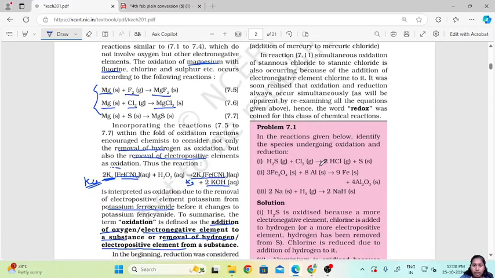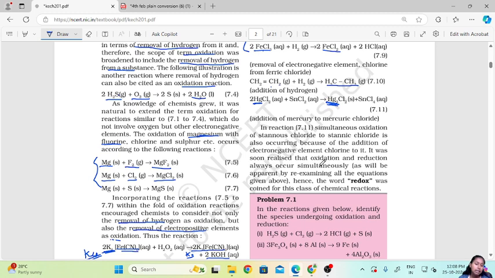Now in this reaction, simultaneous oxidation of stannous chloride to stannic chloride is also occurring because of the addition of electronegative element chlorine to it. It was soon realized that oxidation and reduction always occur simultaneously. Now in the last reaction you can see there is addition of electropositive molecules, right? Mercury is added, but the second compound, stannous chloride, SnCl2, is converted to SnCl4.